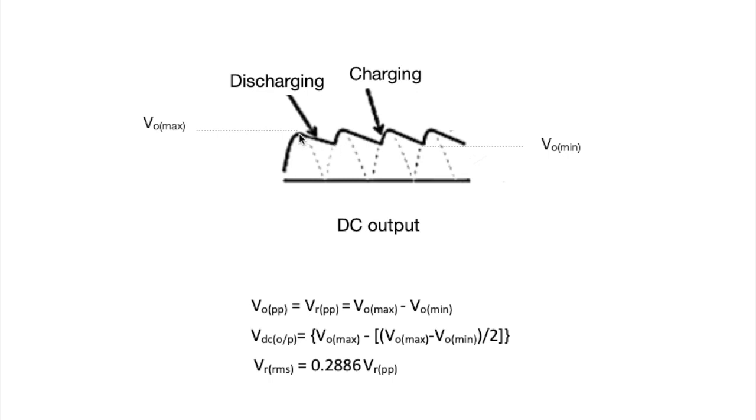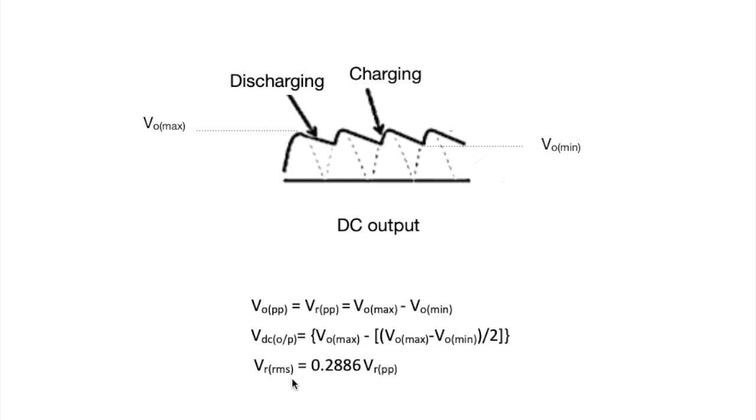We will call the voltage corresponding to the upper peak as V0 maximum and that corresponding to the lower peak as V0 minimum. Hence, the V0 peak to peak or Vr peak to peak will be V0 maximum minus V0 minimum. DC level of this particular signal will now be given as V0 maximum minus half of the ripple peak to peak.